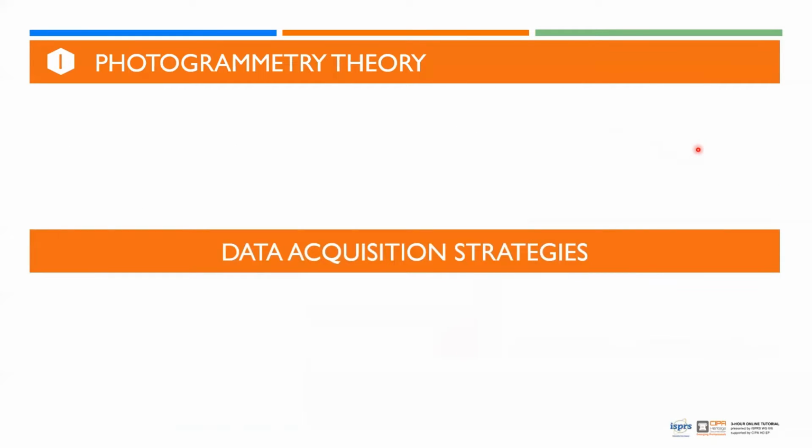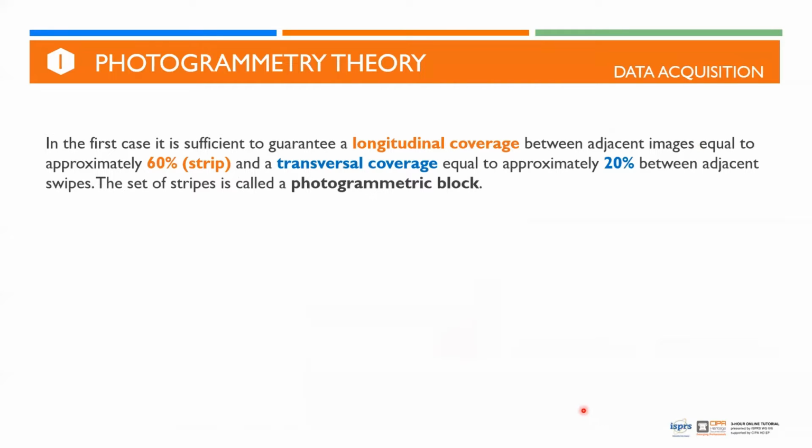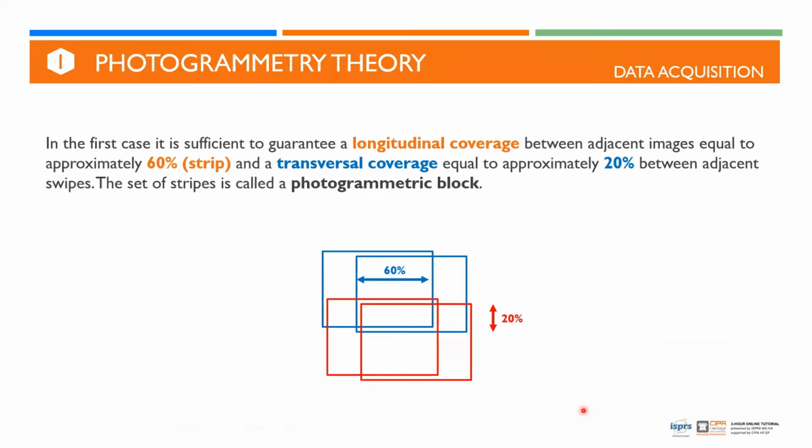Now, regarding some data acquisition strategies, here you can see that the traditional type of acquisition is with an overlapping between our strips of transversal coverage and longitudinal one of 60% and 20% in order to create all the images together.